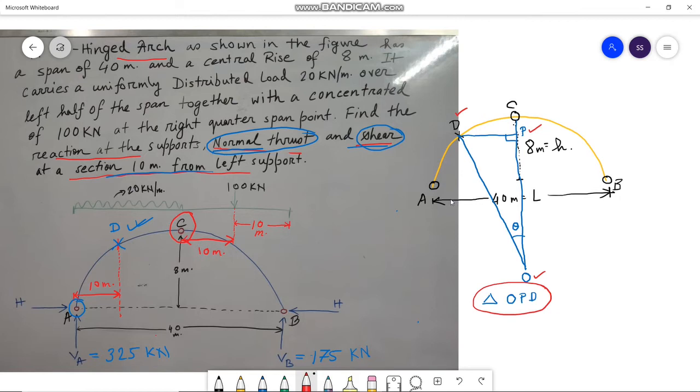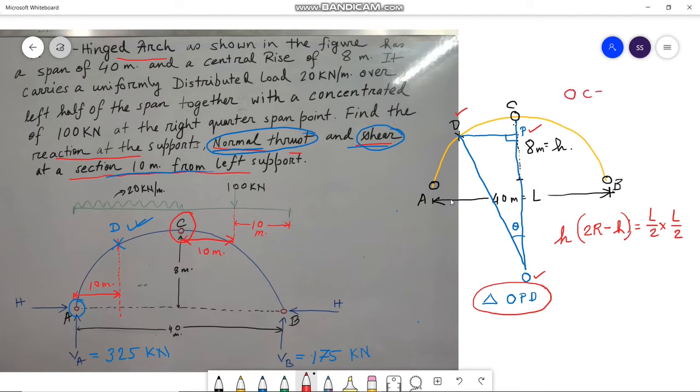And from the properties of circle we have, h into (2R minus h) equals to L by 2 into L by 2, where R is the radius of the circle, which is OC.